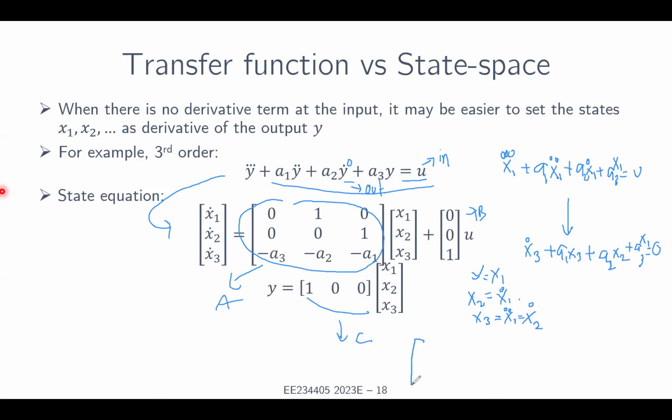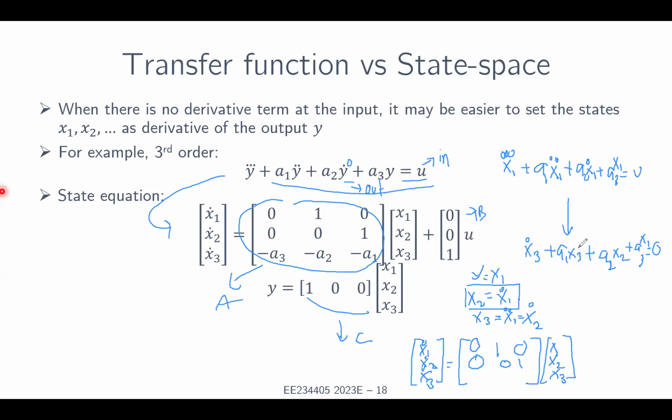So we arrange the matrix A, for example, as x1 dot, x2 dot, and x3 dot equals this matrix times x1, x2, x3. So this row is 0, 1, 0. Why is that? Because x1 dot is x2, right? I hope you can follow this. And x2 dot is x3, right? Therefore, it's 0, 0, 1.